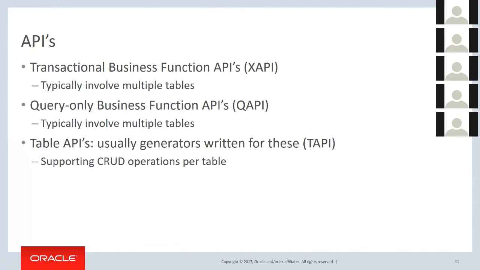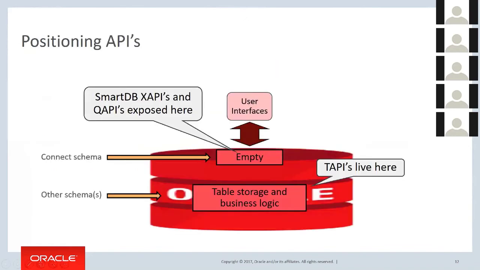So you generate a TAPI package, a table API package for each table, and that package would have an insert procedure, an update, a delete procedure, and many other procedures depending on what your business logic required. Now, position-wise, TAPIs live underneath the APIs and the business function level APIs.